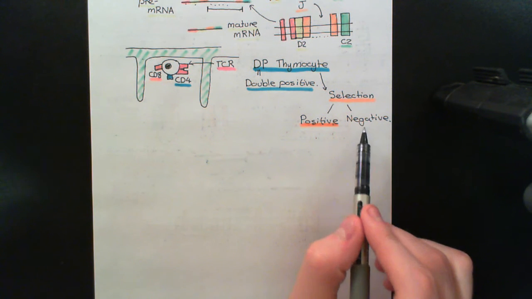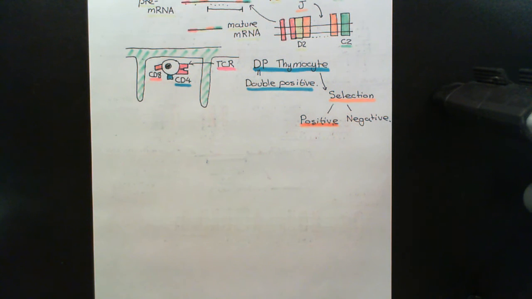In negative selection, what we're going to look at rigorously is that this T cell receptor does not bind to MHC complexes where the peptide fragments are self-peptide fragments too strongly. Because if it binds too strongly, then it's likely that that T cell, if we were to let it become a full mature T cell, would then trigger an autoimmune reaction.